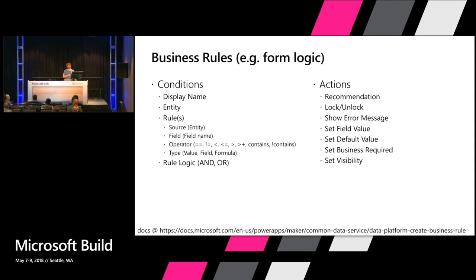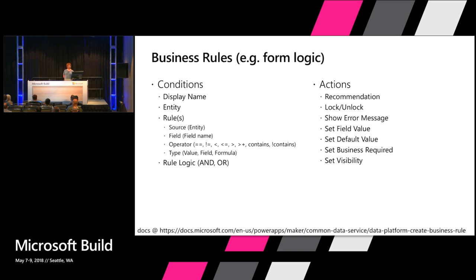And so now that we've defined the general structure of our data, we'll want to create business rules or form logic around them. This also follows a standard pattern of defining conditions and actions. Our conditions include a display name for the condition, the entity that it targets, and a collection of rules. So what is the source entity? What's the field that we're validating or operating against? What operators are we using?